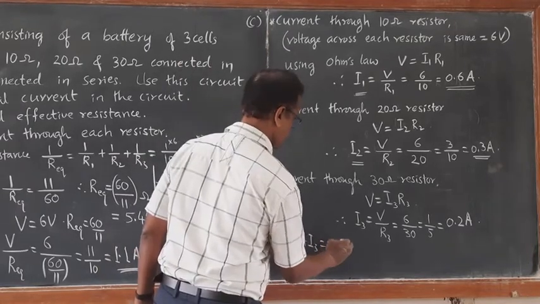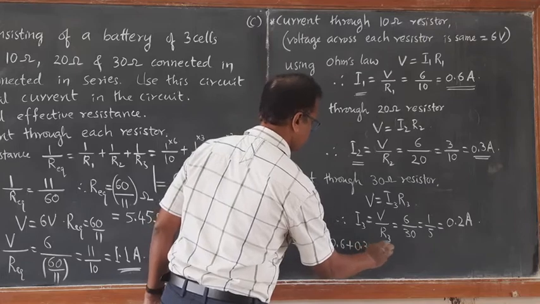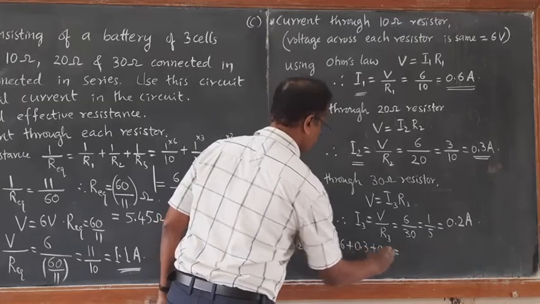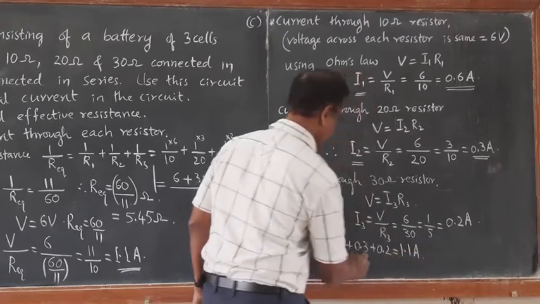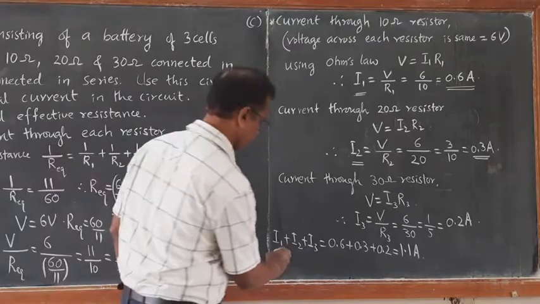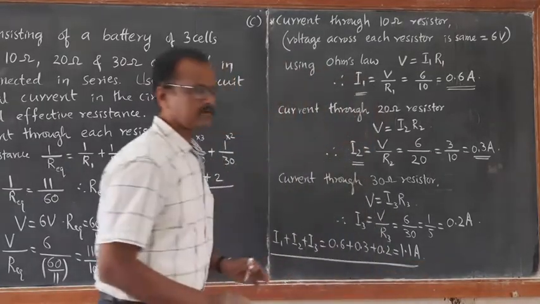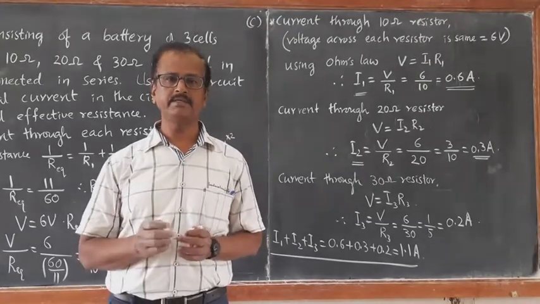Let us check. 0.6 plus 0.3 plus 0.2. We are getting the total current, that is 1.1 ampere. 0.9 plus 0.2 becomes 1.1 ampere. That's how we can verify. So this is how you need to calculate, by drawing the circuit diagram properly and applying Ohm's law.